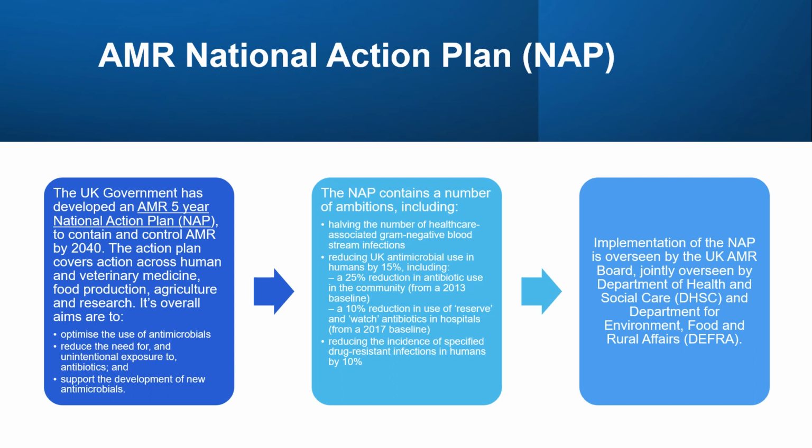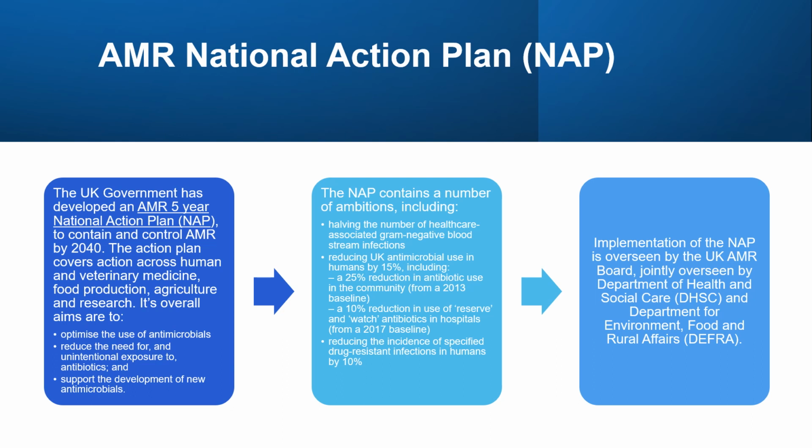The action plan covers actions across human and veterinary medicine, food production, agriculture and also research. So the overall aims are to optimise the use of antimicrobials and reduce the need for and unintended exposure to antibiotics, and support the development of new antimicrobial drugs in the pharmaceutical industry.